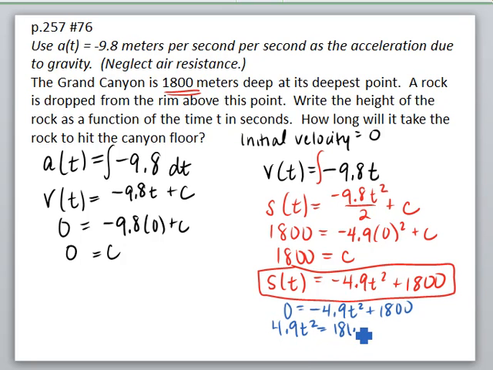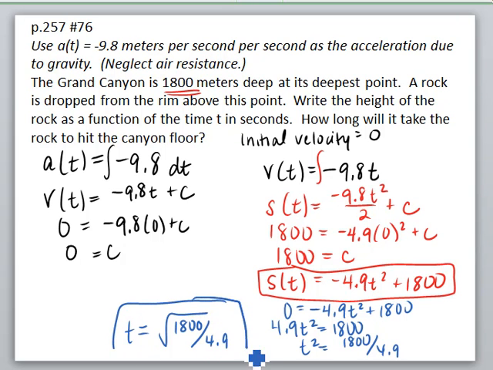We will divide by 4.9, so we have 1,800 divided by 4.9. And then we're going to have to square root that. So t ends up being the square root of 1,800 divided by 4.9. That's the time it takes for the rock to hit the floor.